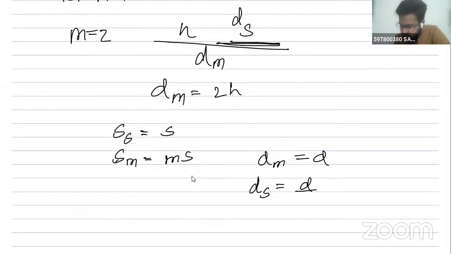So it will be d by m. Whatever distance Moonbeam covers, the distance covered by Sunny will be 1/m of it in the same time.